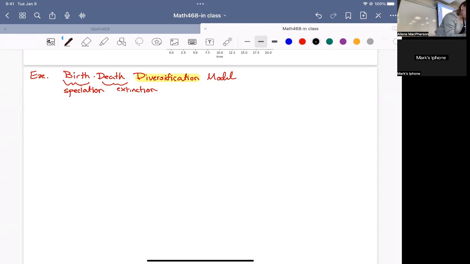The way that this model works is that you consider these two different types of events, either speciation or extinction. And we're interested in n, the number of species.